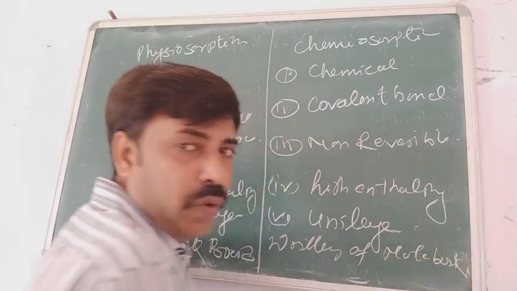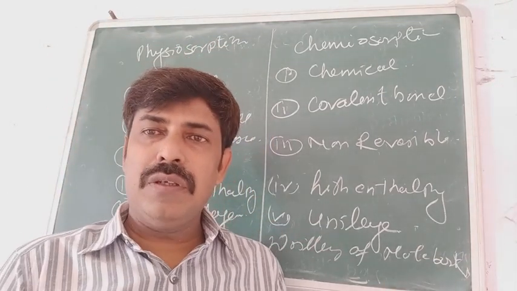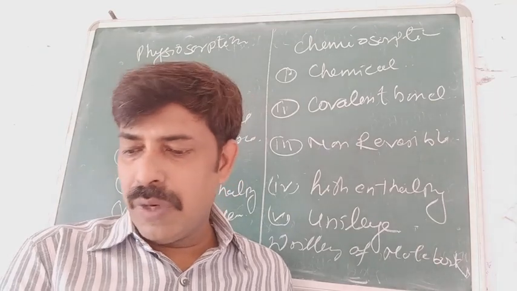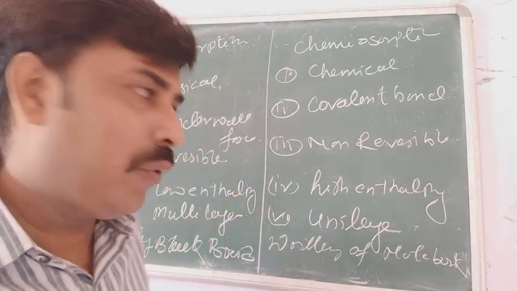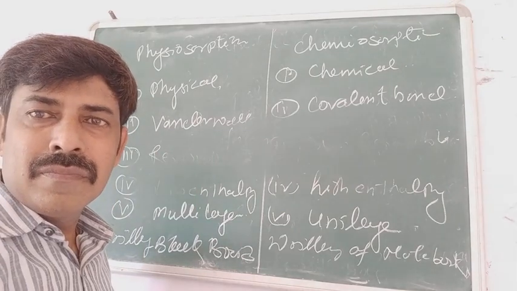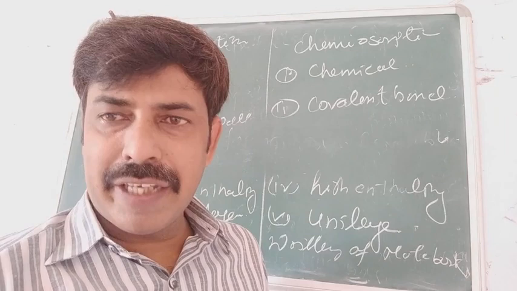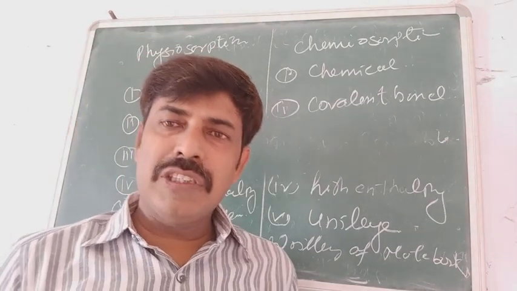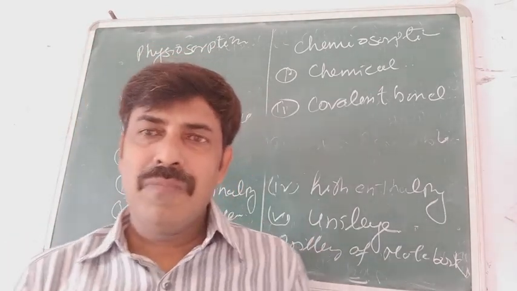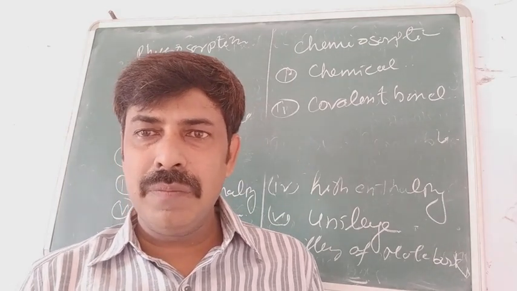When you are writing on your notebook, you can see that the process is irreversible, you cannot revert the process. But when I am writing on the blackboard, you can see I am easily capable of reverting the process. And this is the difference between physisorption and chemisorption. A table is given in your NCERT book. You can see the references of chemisorption and physisorption from there.